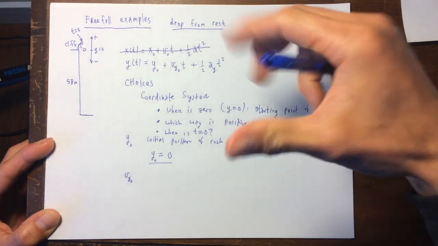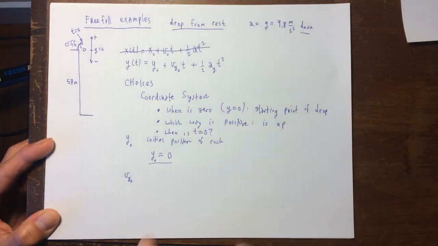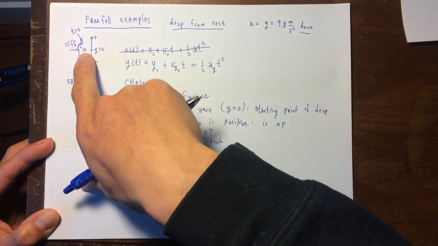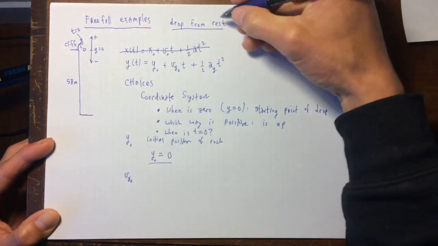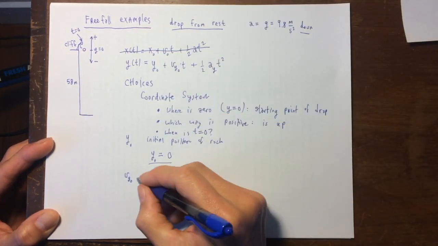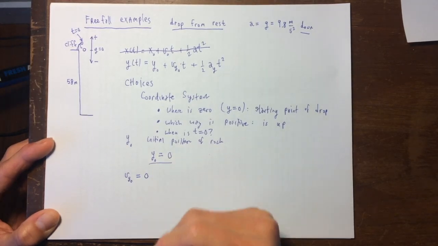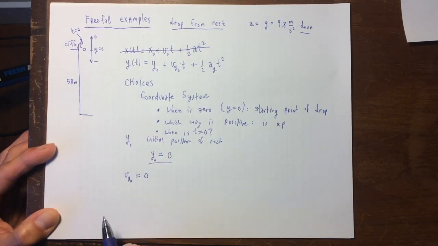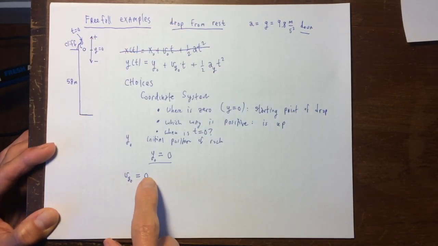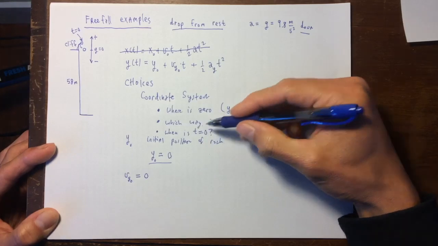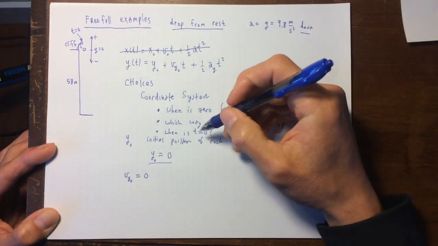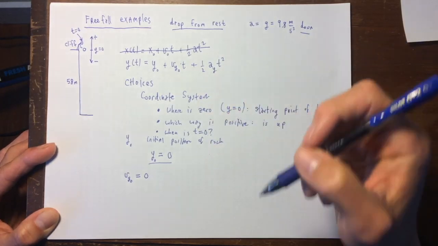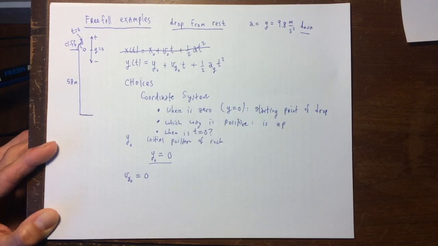They just let go, that's when the stopwatch starts at 0. If you drop it from rest, it starts with no motion. So not only is the initial position 0 according to my coordinate system, but the initial velocity is also 0, which is really about the choice of when the stopwatch was started.